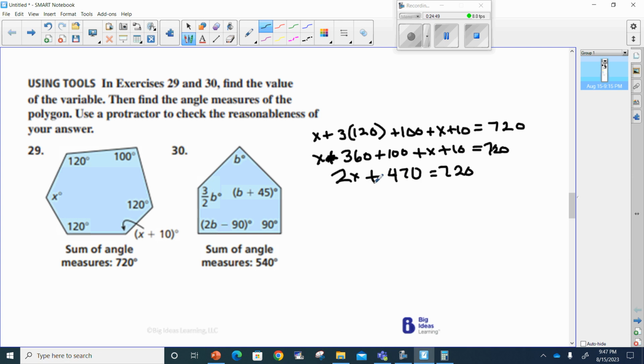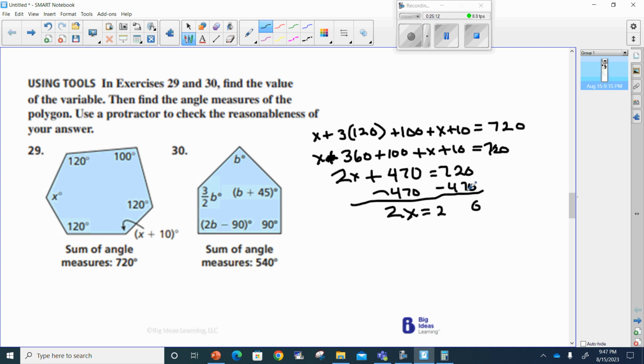I'm going to combine my like terms. The opposite of positive 470 is negative 470, which means I'll subtract 470 from this side. That leaves me with 2x is equal to, well, this is 0. I have to borrow 1. That'll leave me with 2.